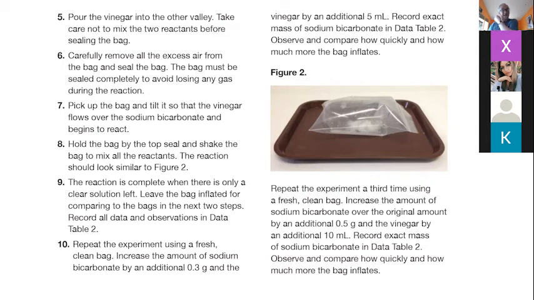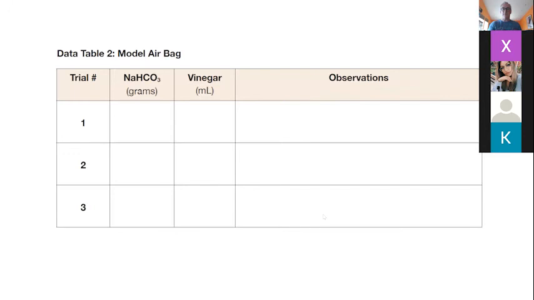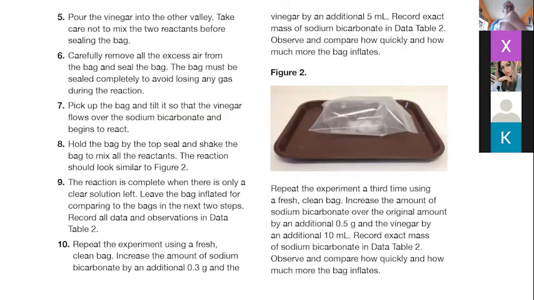And then you dump it out, and repeat using another 1/2 gram of bicarb and an additional 10 mils of vinegar. So for the second one, you add another 1/2 gram and another 10. For the third one, you add another gram of sodium bicarb and another 20 mils of vinegar.